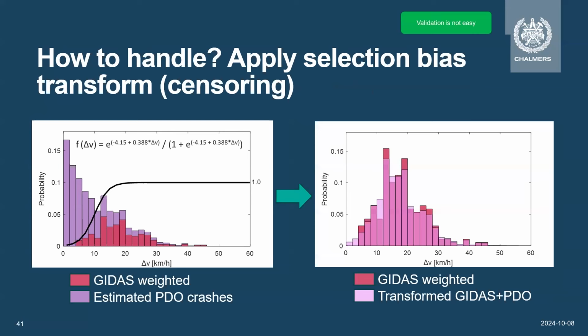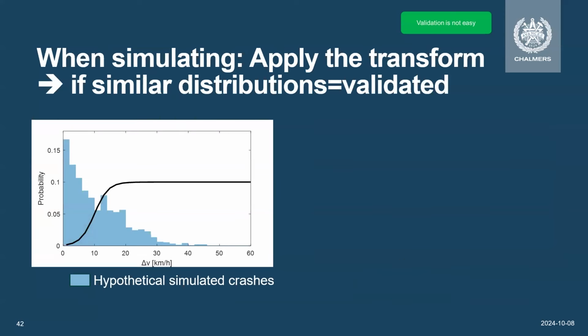If we apply this transfer function to the combined data, we get what you have on this side, which is very similar to the GIDAS data. So this means this transform captures the selection mechanisms that GIDAS has. Now we can apply this to our simulated crashes and compare with GIDAS.